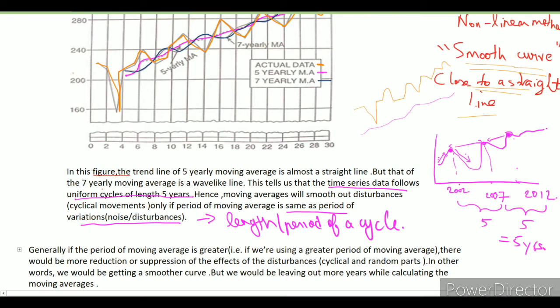If we get a smooth curve, the idea is that we're using a period of moving average which is more or less the same as the period of a cycle, or the length of variations. So when we get a smooth curve, it means we are able to eliminate or remove those disturbances from the data. And this way we're able to fit a trend.